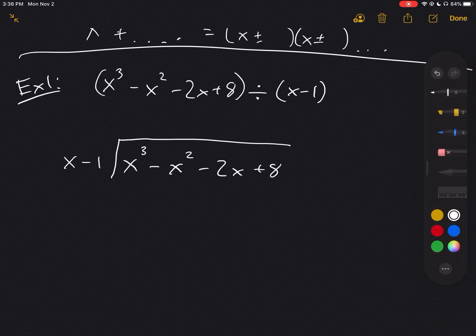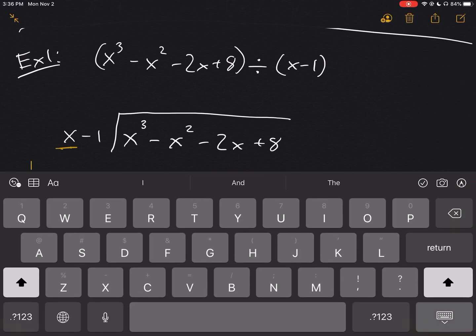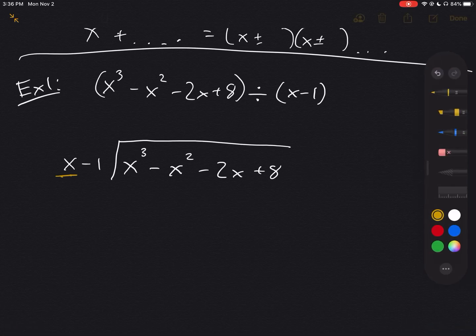Now, when we're dividing, what we want to focus on is the highest degree term in the term that we're dividing by, and then the highest degree term that we have left inside the divisor thing, whatever that's called. I can't remember what it's called.